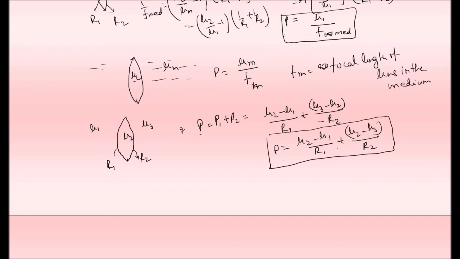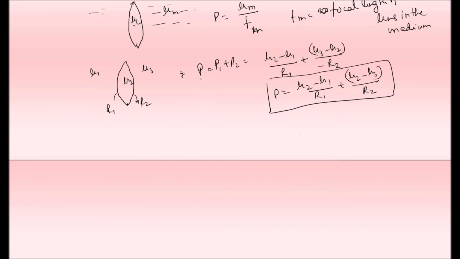Now we consider the case of when this lens will become a convergent lens and when this lens will become a divergent lens. So this is also an important concept. You will just note it down. Consider the case when r1 is equal to r2 is equal to r.